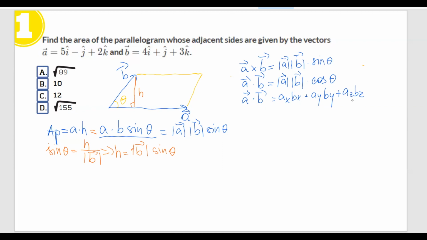These are all given in the FE handbook. And from these two equations, you are going to be able to calculate cosine of theta. So cosine of theta is going to be equal to A dot B over magnitude of A times magnitude of B. This is very easy to calculate, and then you go back from here, calculate cosine of theta, and then you calculate theta as arc cosine of this value here.